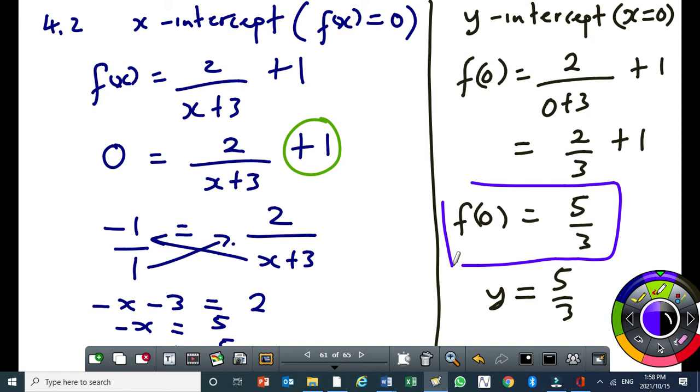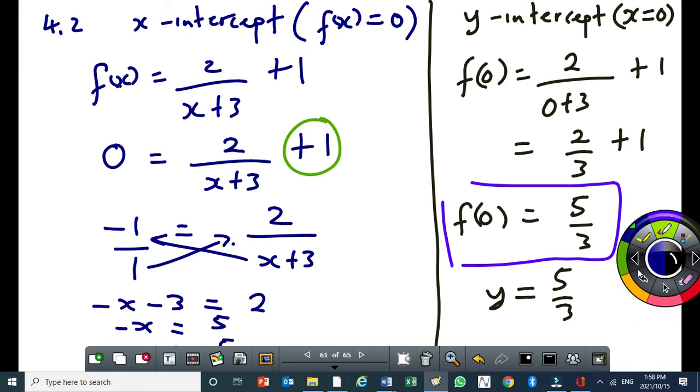Yes? So what if you just add it further to write it as 1 and 2 over 3? No, there is no need to convert it to a decimal. Generally, in this topic on functions, I don't encourage you to work with decimals. Only integers and fractions. Okay?